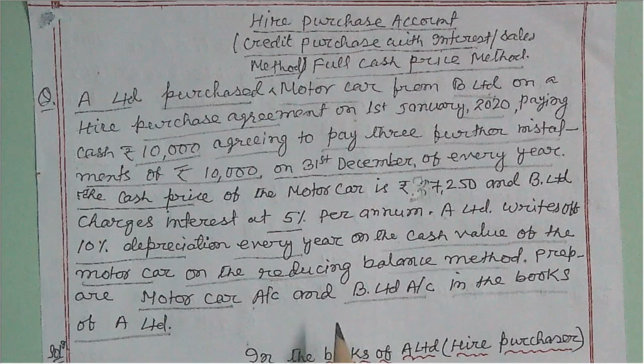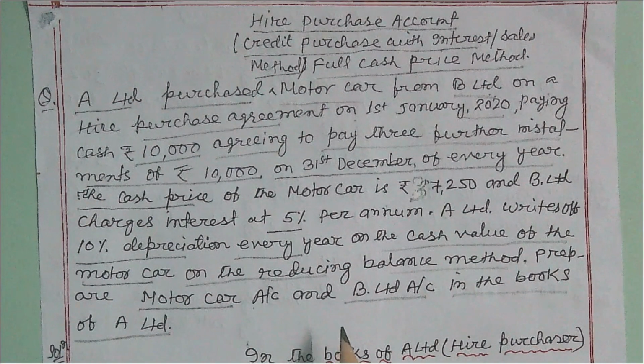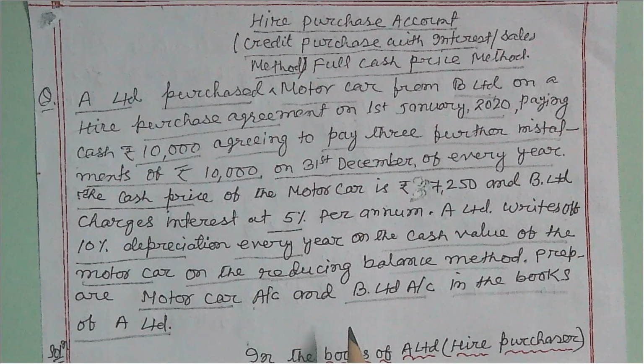So the question is very clear that under a hire purchase agreement, goods are purchased on credit and payment is made in installments, and the hire vendor charges a fixed rate of interest from the hire purchaser.